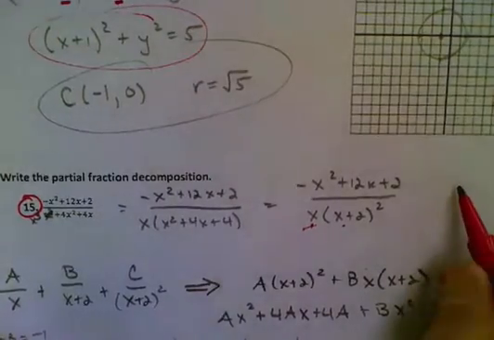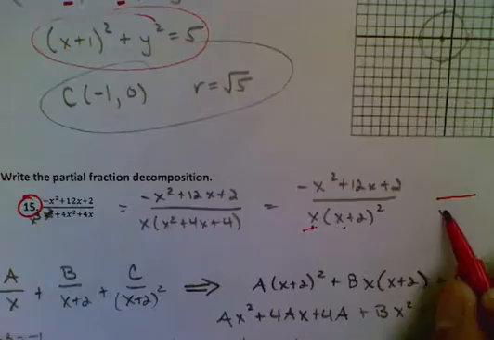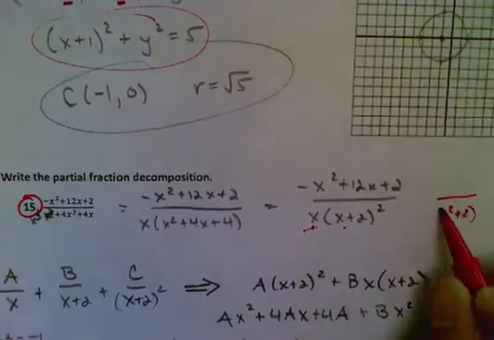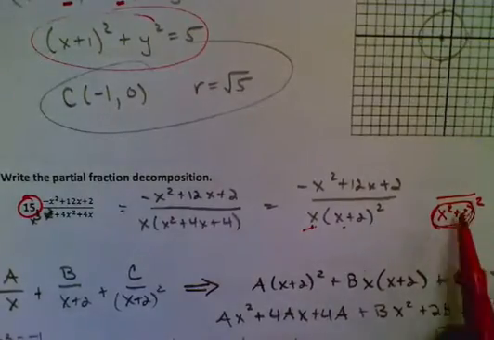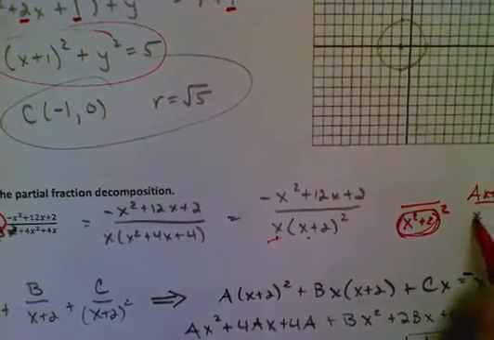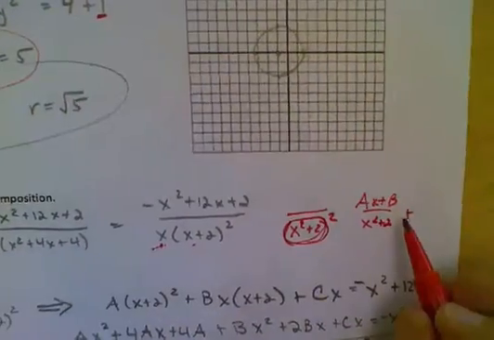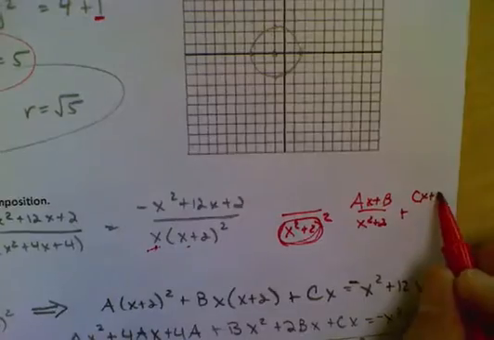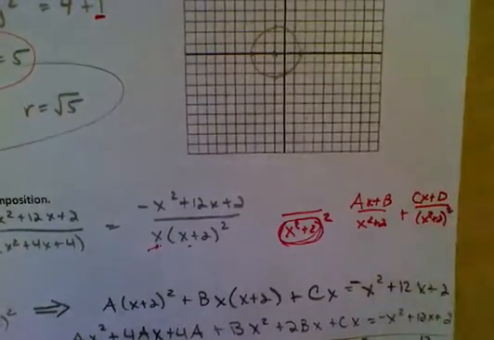If it would have been something like a factor of x squared plus 2 squared, then remember, because the factor is not linear, I would have had to set up Ax plus B over the x squared plus 2 to the first, and then Cx plus D over that factor that's not linear squared.